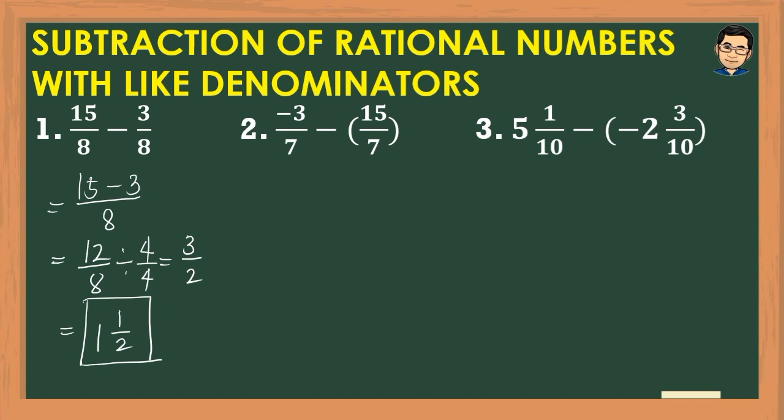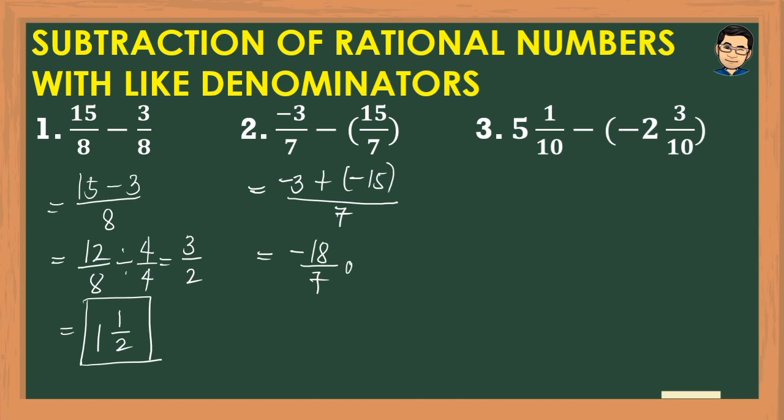Next, negative 3 over 7 minus 15 over 7. So, it becomes negative 3 plus negative 15 over 7. We need to change the sign of the subtrahend, and then we proceed to addition. Now, since they are like signs, we just add negative 3 plus negative 15, that is negative 18 all over 7. Again, negative 18 over 7 is an improper fraction. So, we divide 18 by 7.